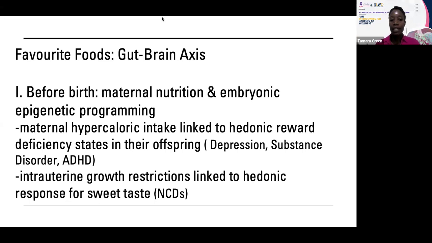Maternal hypercaloric intake, which is essentially when a pregnant mother eats ad lib. Oftentimes our pregnant mothers have cravings. The research is showing that when our mothers eat willy-nilly, ad lib, as they feel the urge, they eat whatever, and it amounts to high calories, that is linked to hedonic states of deficiency in their offspring.